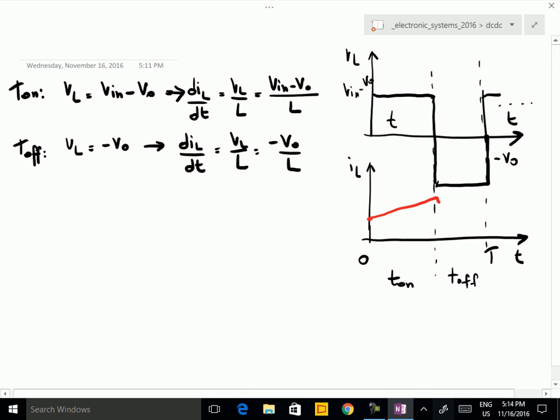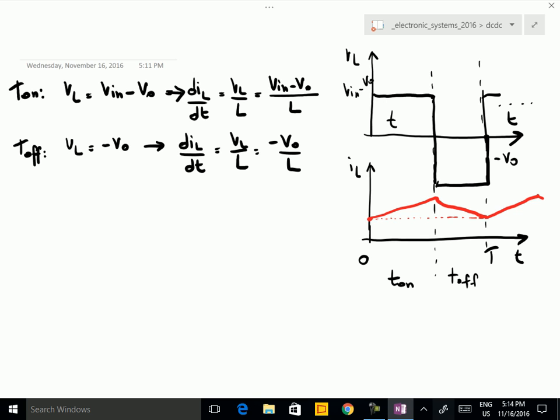During T off, it's negative, and it is again a straight line. This is negative. And of course the thing is periodic, which means that this has to be exactly equal to this one, because if we are in a stationary situation, all behaviors are periodic.